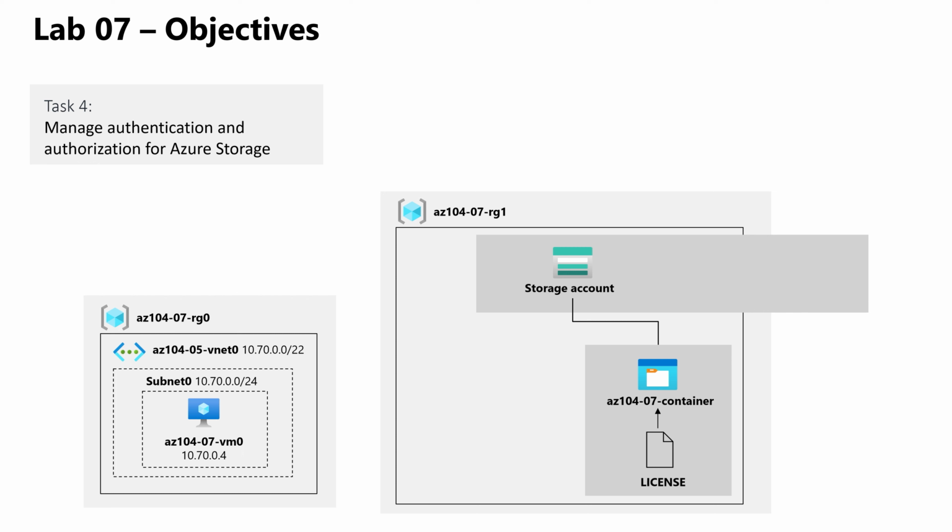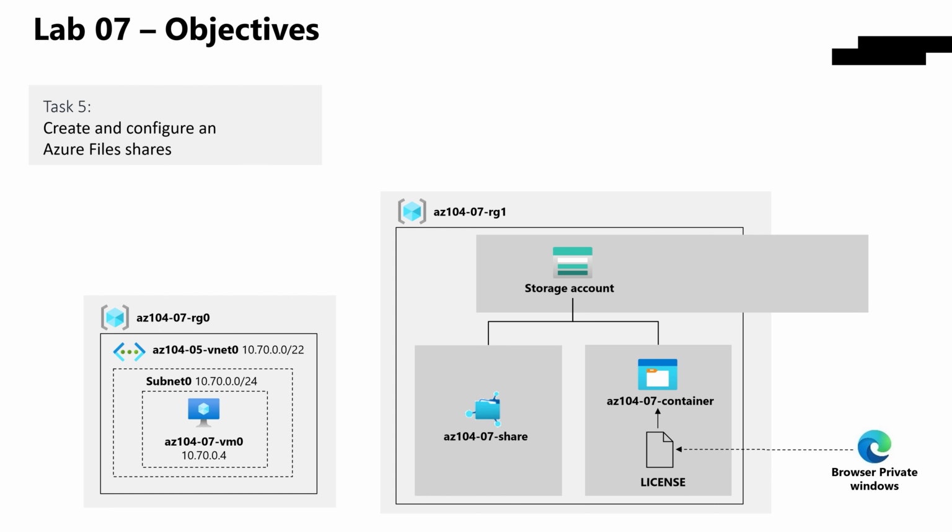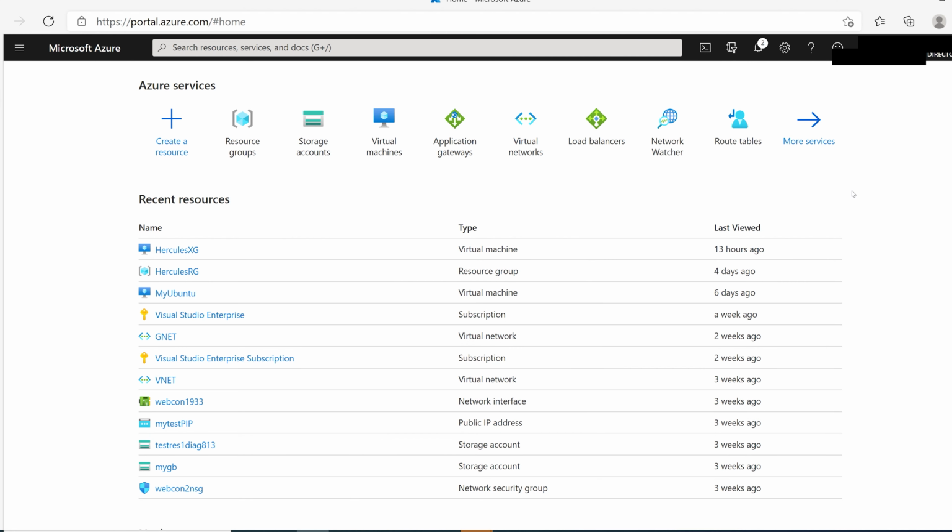For task 4, we will manage authentication and authorization of Azure Storage. For task 5, we will create and configure an Azure Files share. For task 6, we will manage network access for Azure Storage. So let's begin our lab.